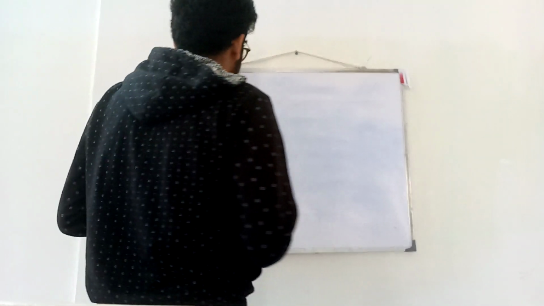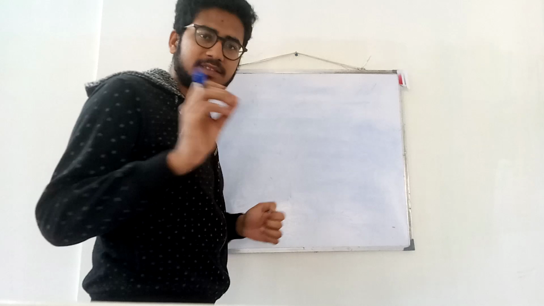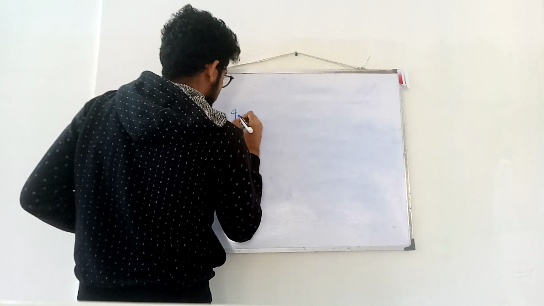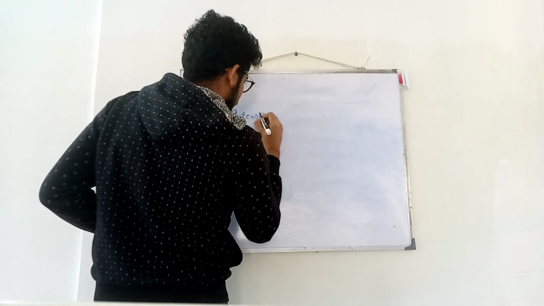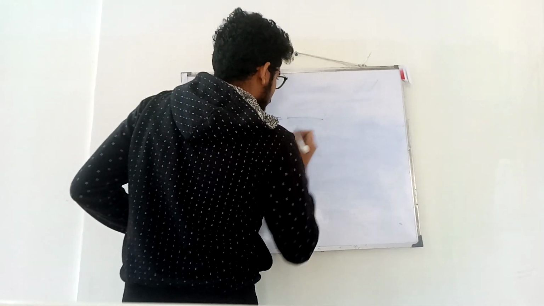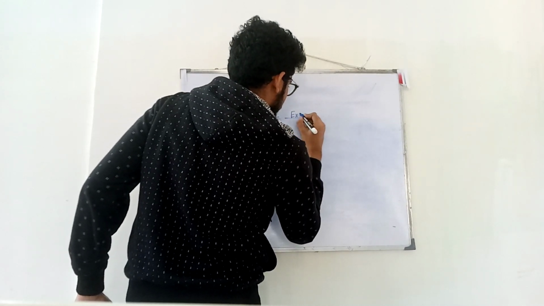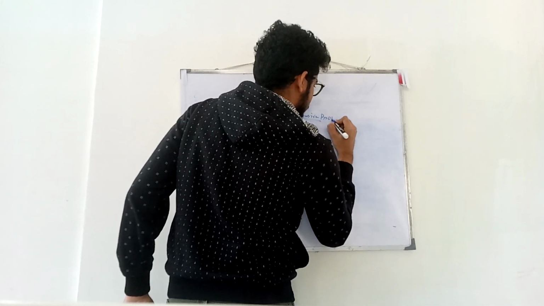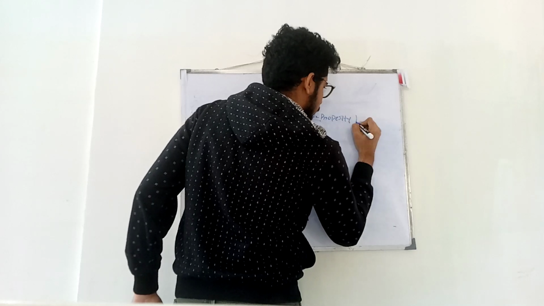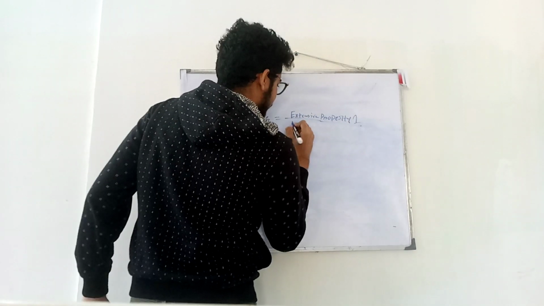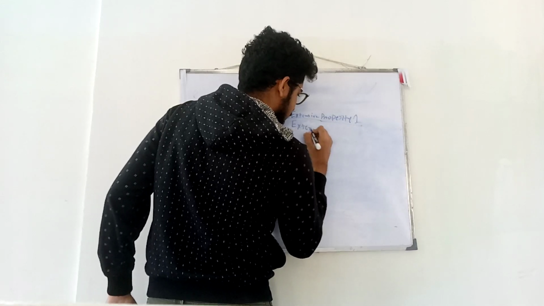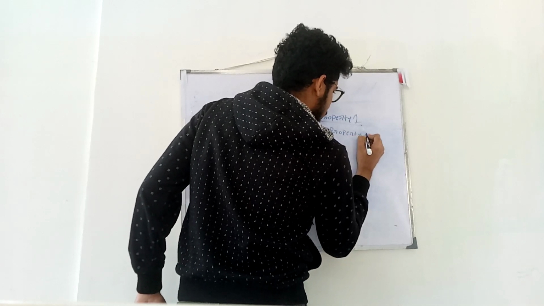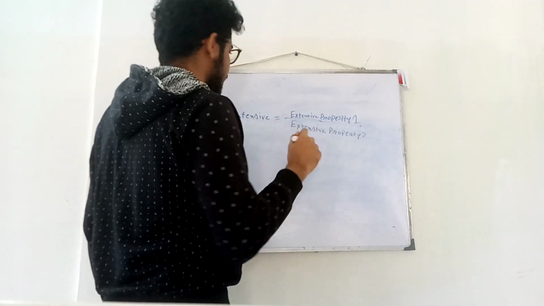So let's see how intensive properties come. An intensive property is the ratio of extensive property 1 by extensive property 2.